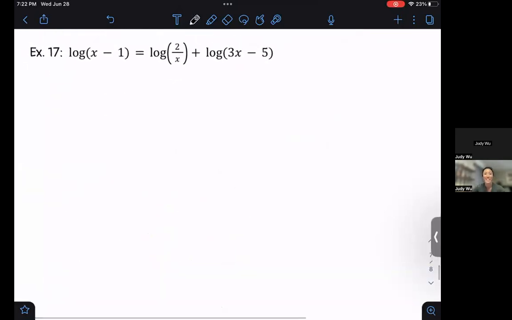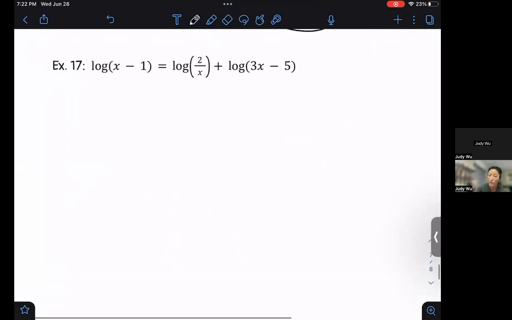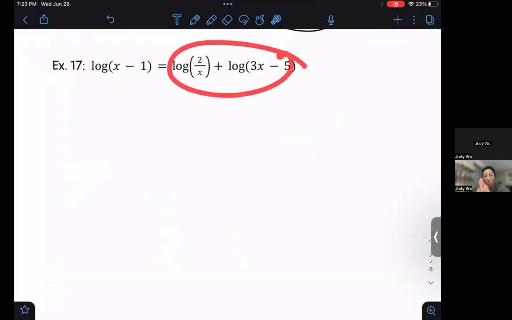All right. So here's what we can do. We have a few different strategies, all right? So I kind of want to talk through them, and then I'll choose one to do. So option number 1, we keep this over here, and we take these two and use the product property to bring them together.